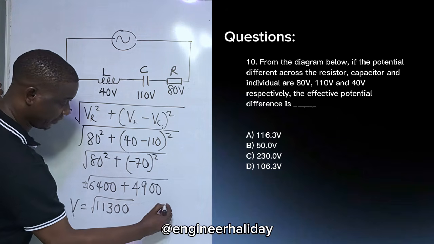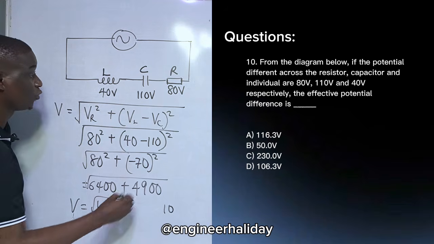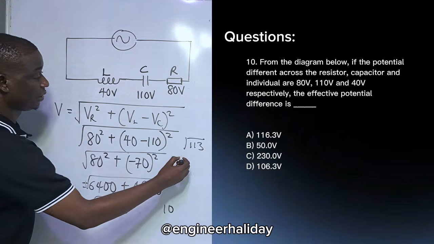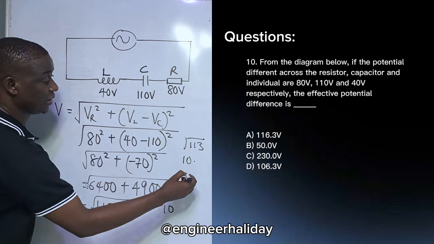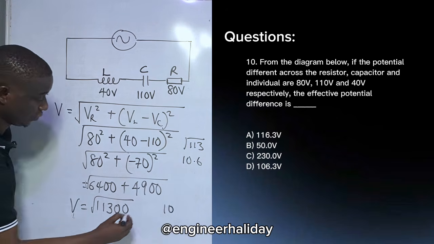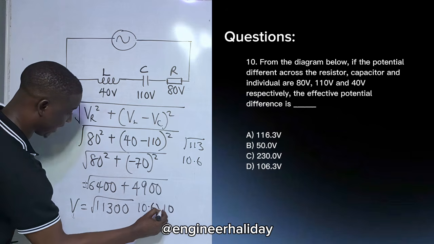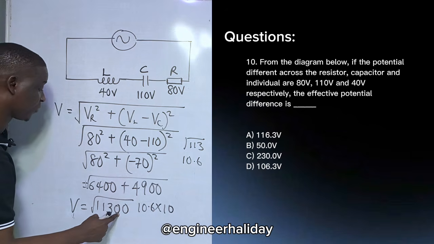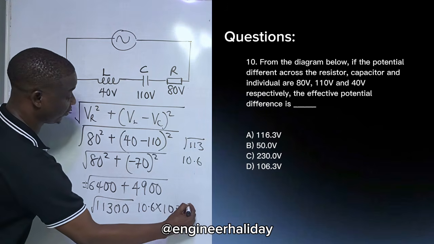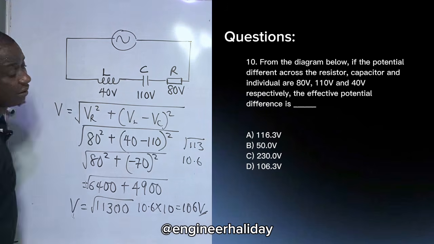Now, the square root of 100 is 10, and the square root of 113 is about 10.6. So 10.6 times 10, because the square root of 100 is 10. So 106 will now be V.